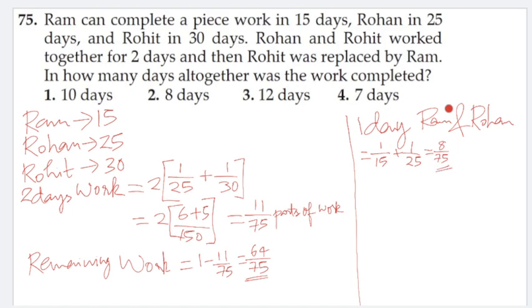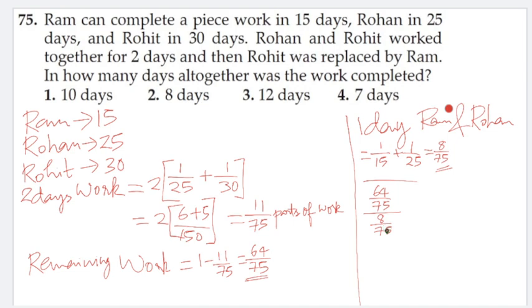Now we have to convert this into the remaining work. So Ram and Rohan will finish the remaining work in 64 divided by 75. So this is our remaining work. Okay, and this will be divided with their 1 day work. Their 1 day work is what? 8 by 75.